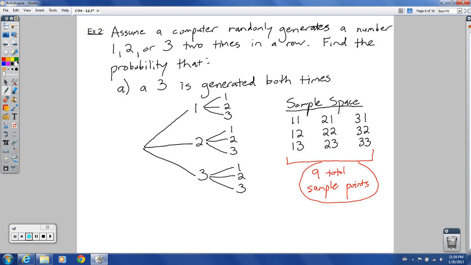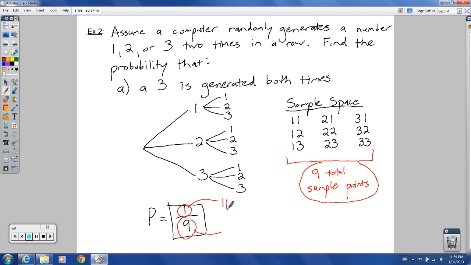And so your probability is going to be that 3 generated both times. There's just one where that happens, is 3 and 3. So there's 1 out of 9 total sample points, 1 out of 9. So this is your final answer. For reference later on, let's, in a different color, put this off to the side here. Where did these numbers come from?